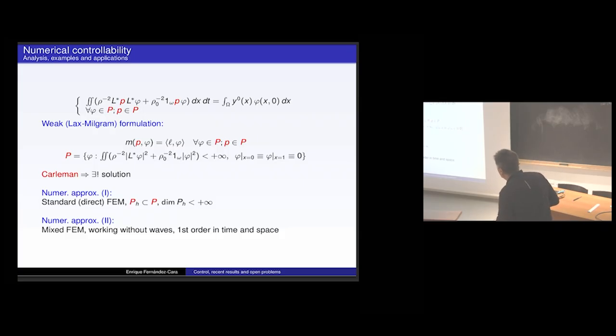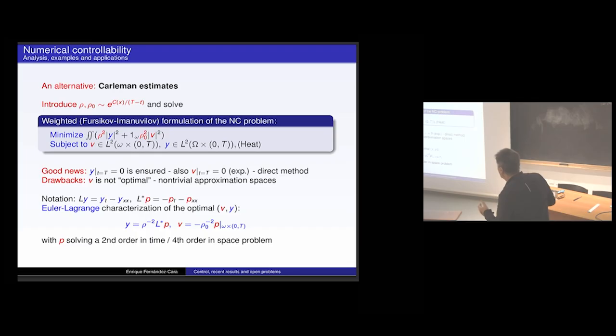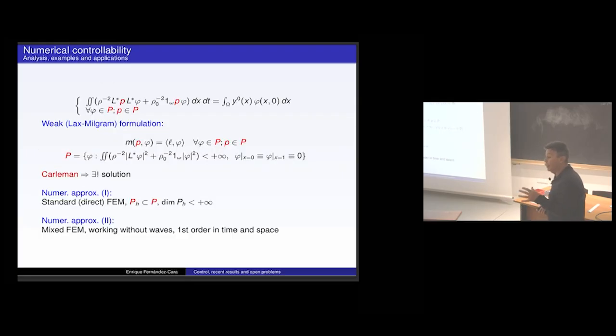If p is the solution to this problem, in fact, it is the weak solution of an equation in which you have, as written here, second order derivatives in time and fourth order derivatives in space. Okay? This is the price we have to pay in order to do this.